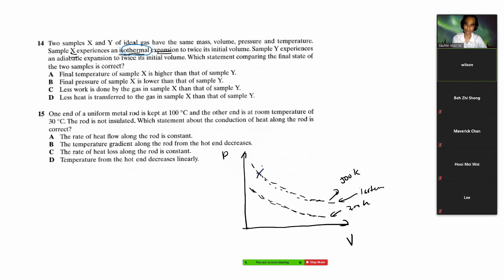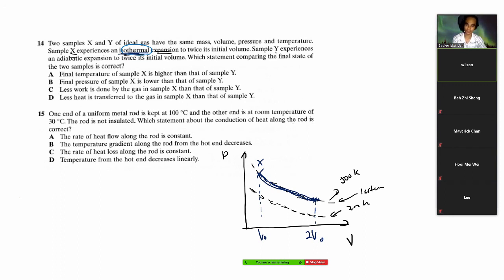Let's say this is X. If it goes down, let's say this is V naught, so it follows this curve like this until this point. This is V to V naught for X, because it's an isothermal expansion and does not go to another curve.